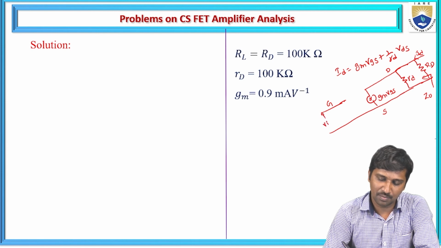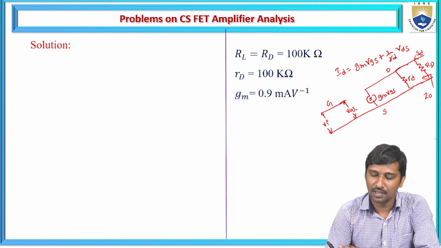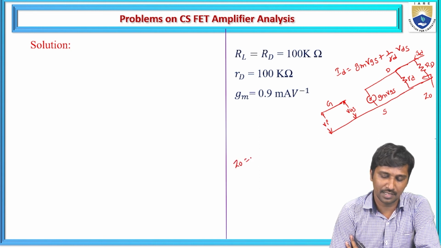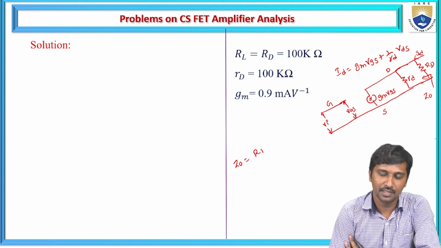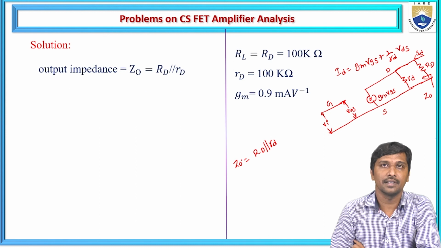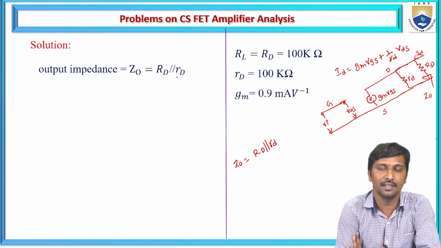On the input side we apply the input voltage Vi, which is the gate to source voltage VGS. If you observe this, Z0 is represented as the parallel combination of the load resistance and the internal AC resistance.